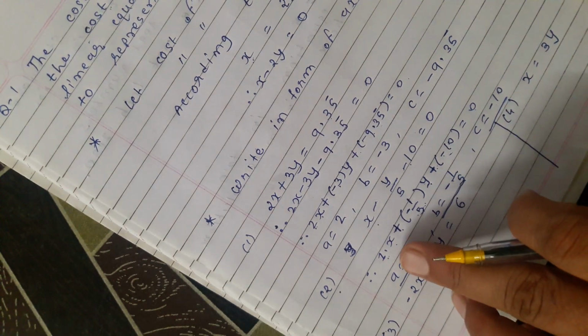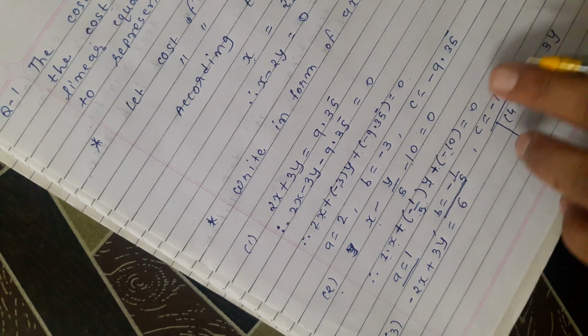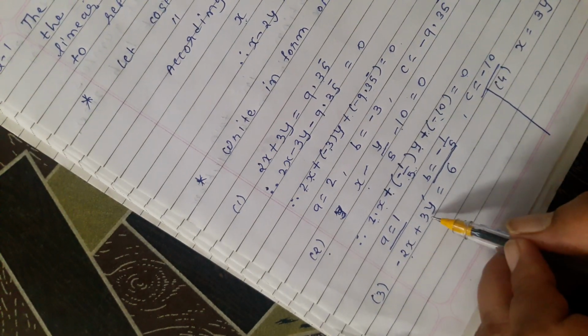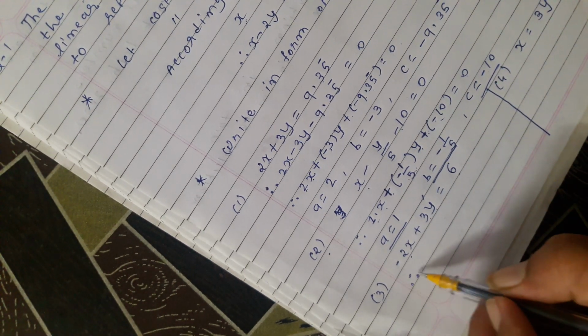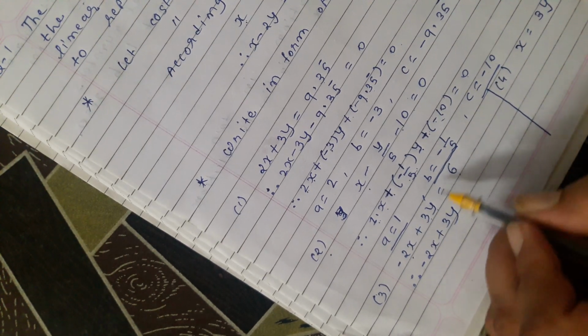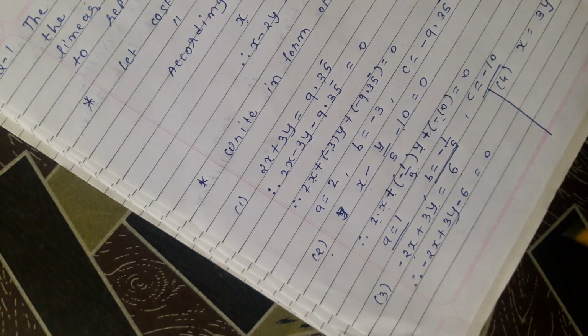So here we have written it in the form ax plus by plus c equal to 0. Now the third equation, minus 2x plus 3y equal to 6. Therefore, taking 6 to the left hand side, minus 2x plus 3y minus 6 equal to 0.